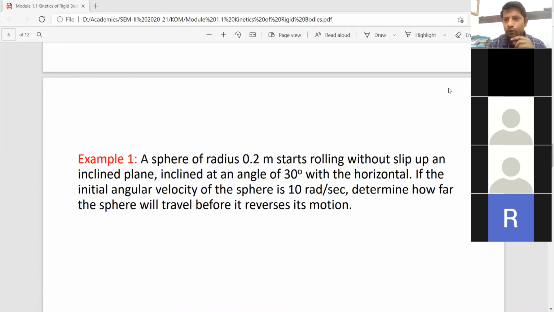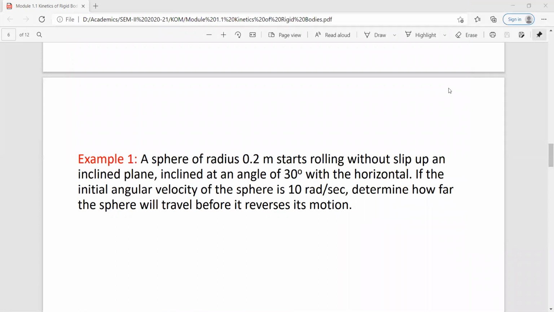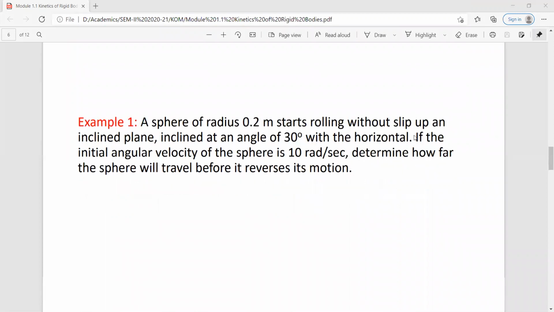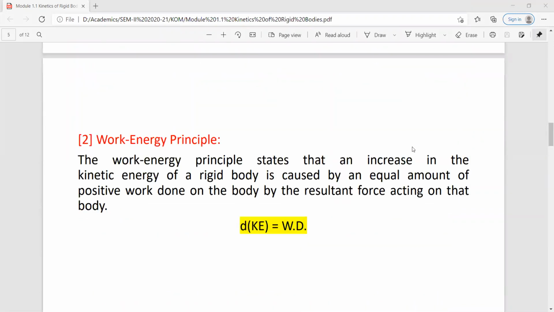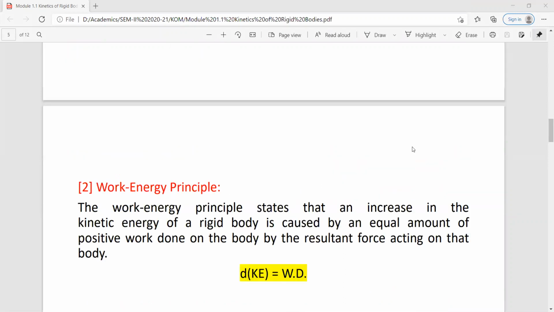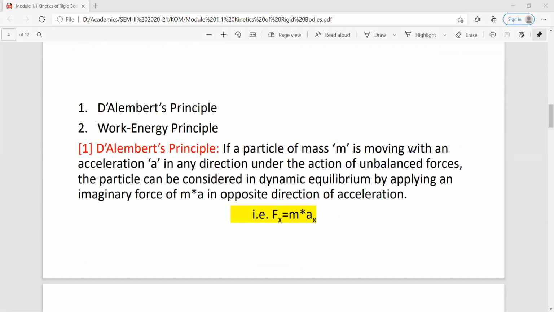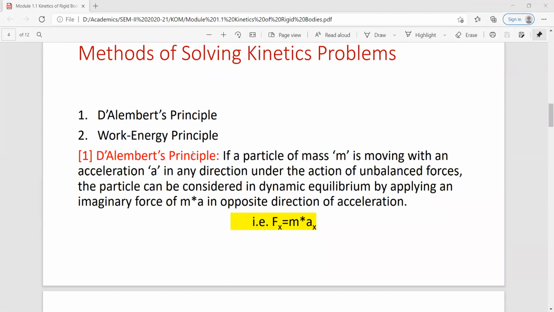So, just for revision, I will tell you what we covered last lecture. We have seen these two principles which are used to solve the kinetics problem. One is D'Alembert's principle, and the second one is the work energy principle.